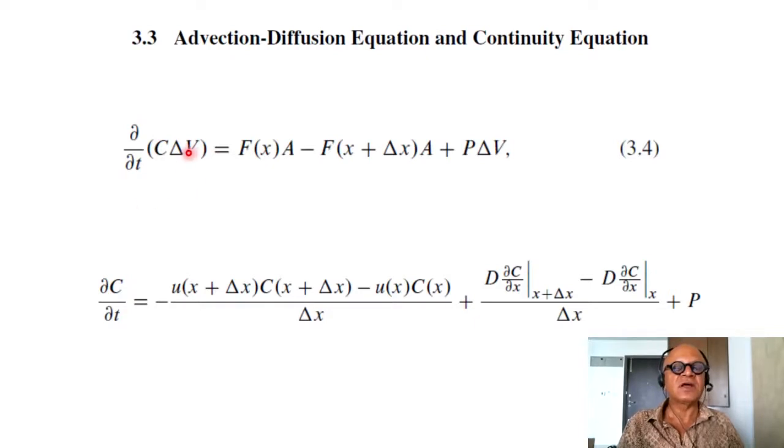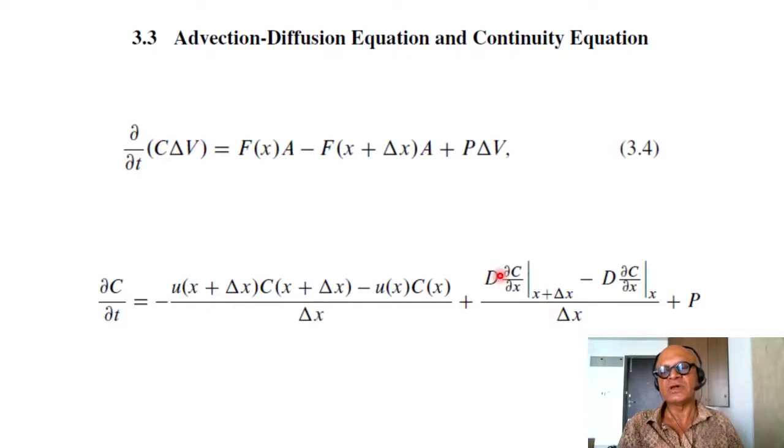So let's divide by delta v and write it as dC/dt, which is what we are looking at. We're looking for the time rate of change of C, like mass or salt, for example, and we combine the diffusion and advection equation. Write it as flux at x plus delta x, which is u(x+Δx) times C(x+Δx), minus u(x) C(x), which is the flux at x, divided by delta x in the x direction.